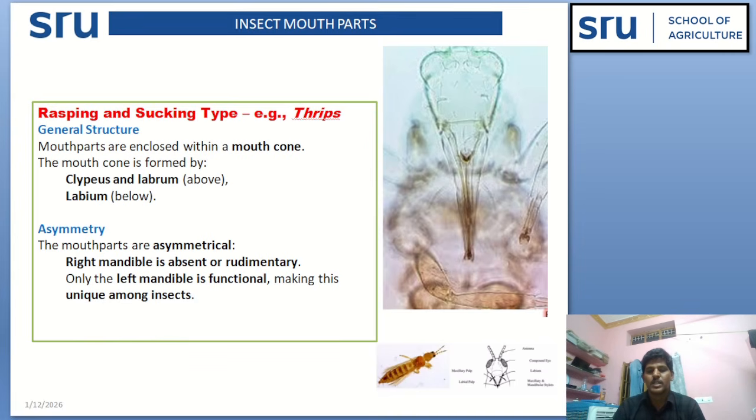Here the mouthparts are enclosed within a mouth cone, and this mouth cone is formed by clypeus and labrum above and labium below. This mouthpart is also known as asymmetrical type of mouthpart due to absence of the right mandible or a rudimentary right mandible.